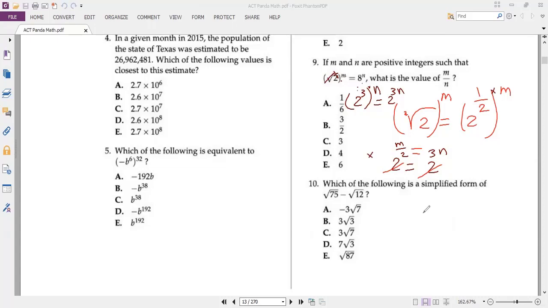What does he want? M over 2 equals 3n. Very, very easy concept here. You need m in the numerator. So we have to make m divided by n on both sides. So the n comes here, in transitive operation, in the denominator. 2 becomes times 2 as well for both sides.